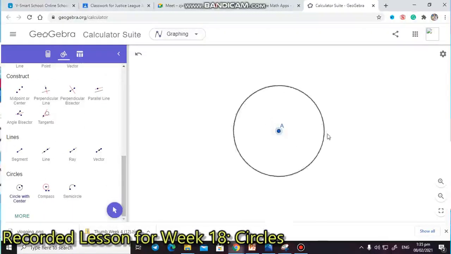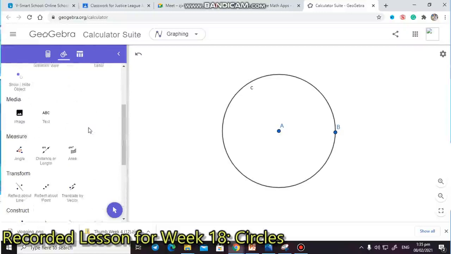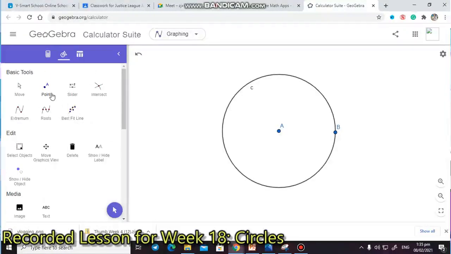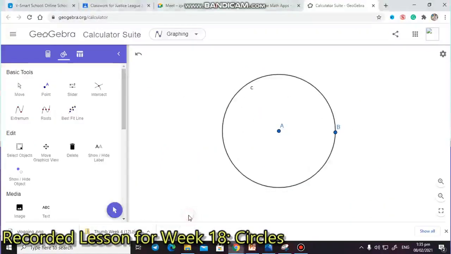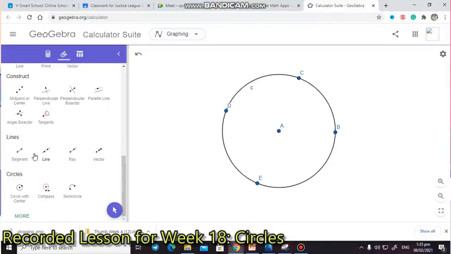Okay, let's have a circle. According to the corollary, sabi niya, inscribed angles intercepting the same arc are congruent. So, gagawa tayo ng circle na merong iisang arc, na merong dalawang inscribed angle. So let me just put points here. Okay, so let me draw a line segment.